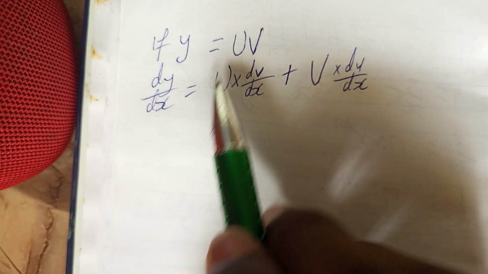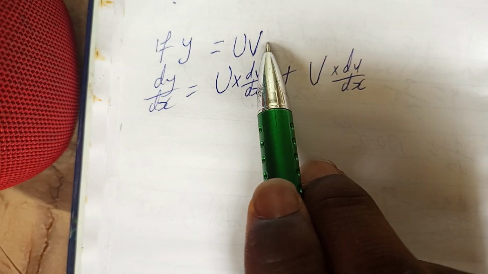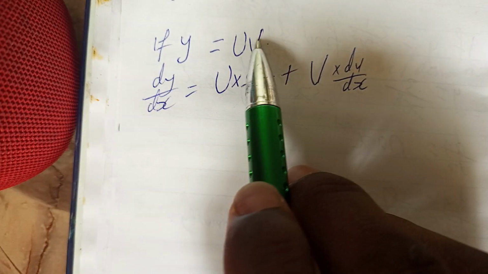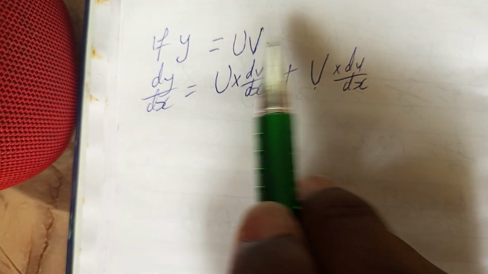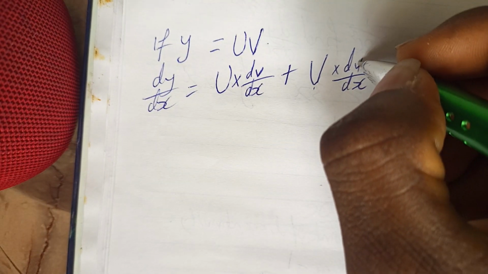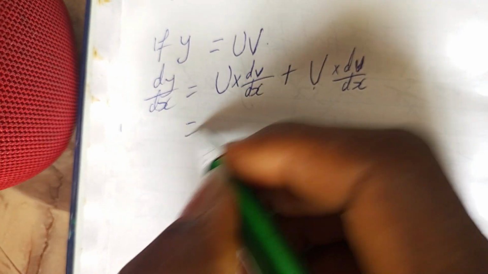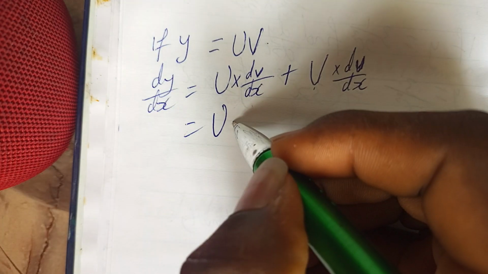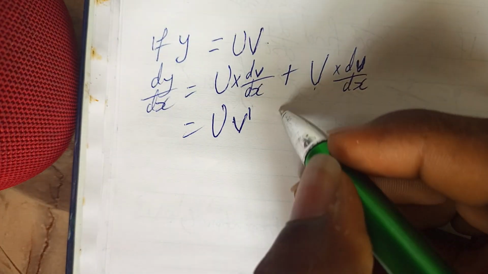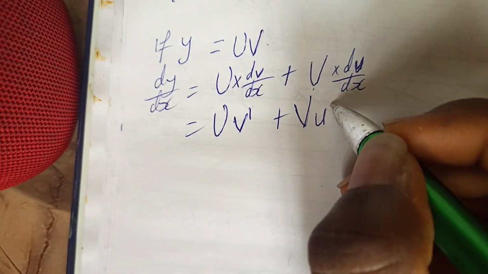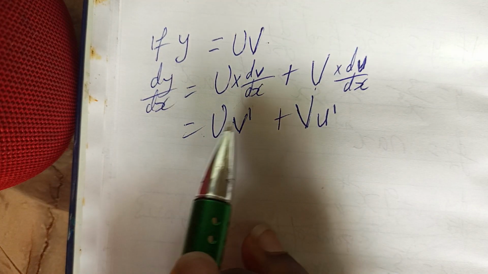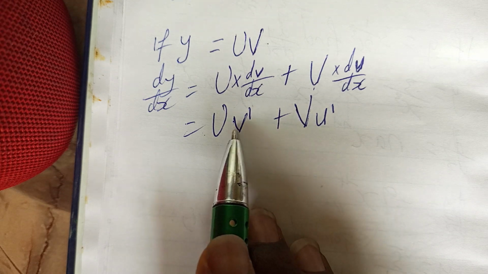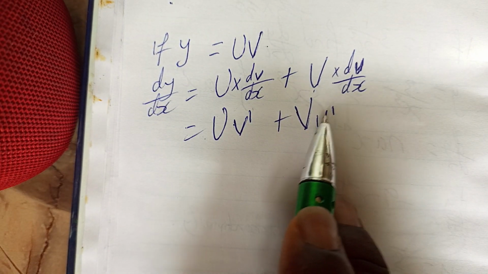This is simply: carry u and multiply by the differentiation of v, then add it to v multiplied by the differentiation of u. The short form is u v prime plus v u prime, that is u times dv/dx plus v times du/dx.